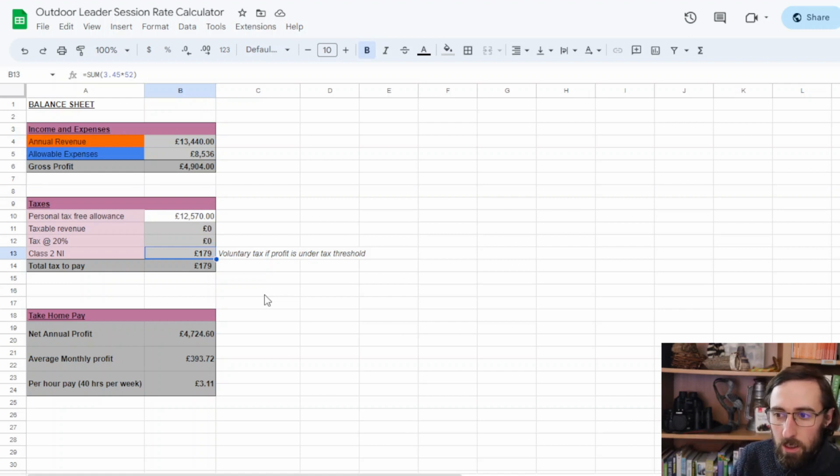I'll just say that this is what preserves your rights and benefits when it comes to retirement and so on, and access to services. So you may want to pay it, at which point it would be £3.45 per week. So £179 total tax. This takes us down here to a net annual profit of £4,724, or £393 per month.